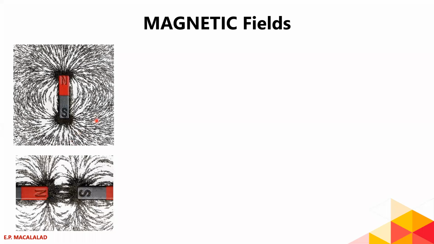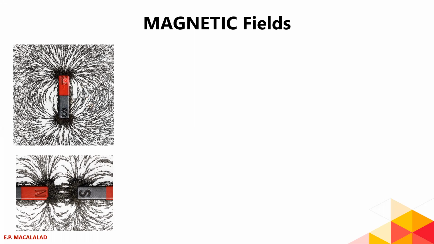By looking at the pattern that the iron filings form, we can deduce the magnetic field configuration around that permanent magnet.